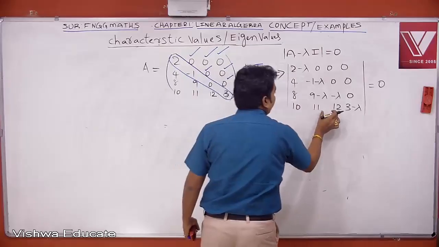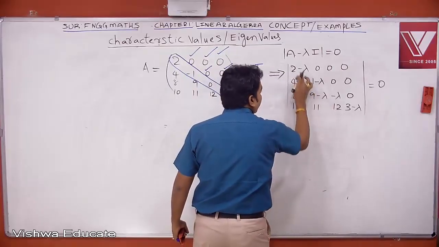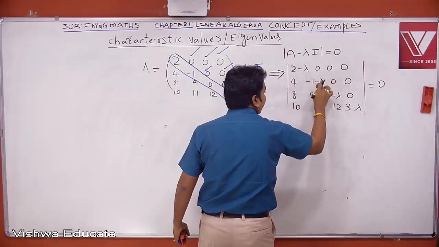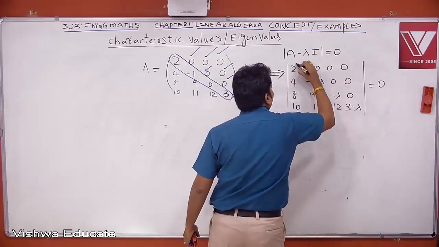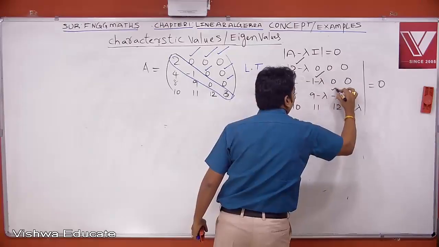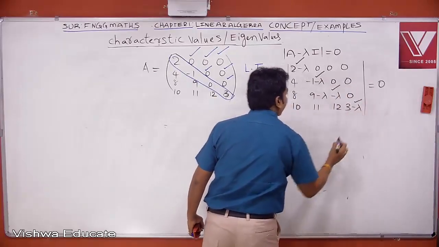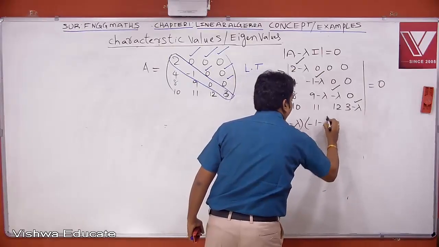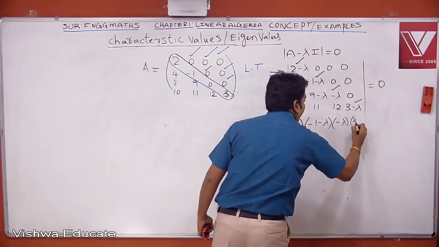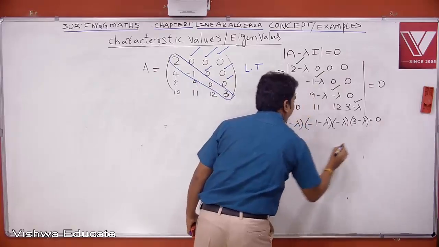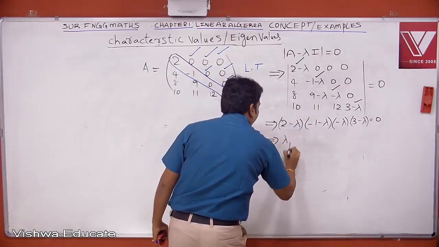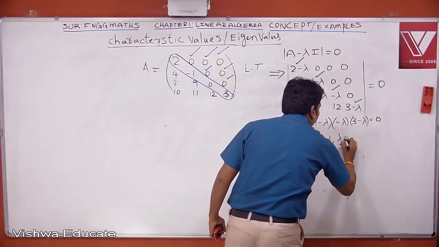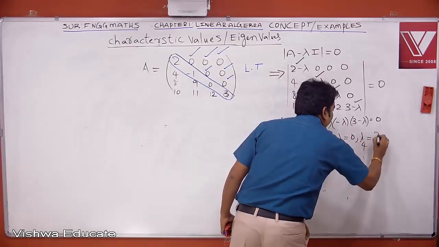Now this is a lower triangular matrix, therefore its det is a product of diagonal elements: 2 minus lambda into minus 1 minus lambda into minus lambda into 3 minus lambda equal to 0. This implies lambda 1 equal to 2, lambda 2 equal to minus 1, lambda 3 equal to 0, lambda 4 equal to 3.